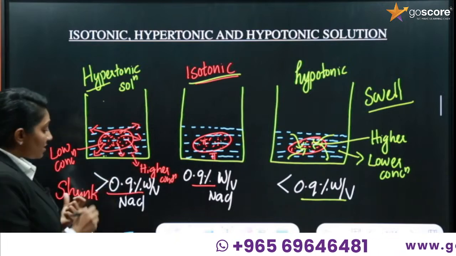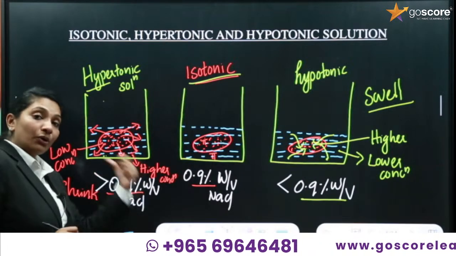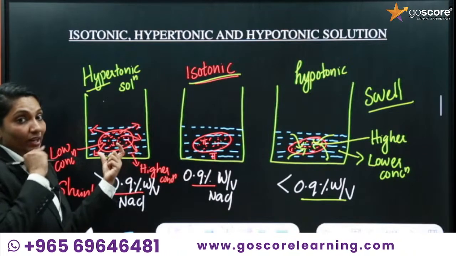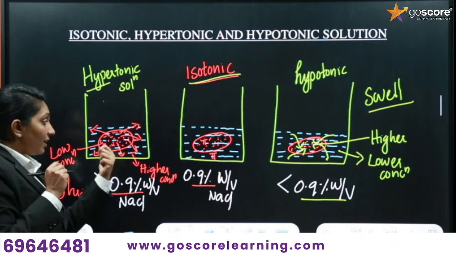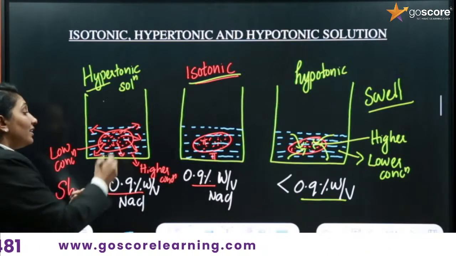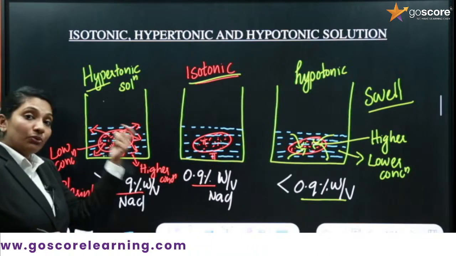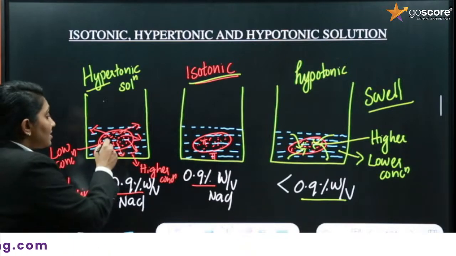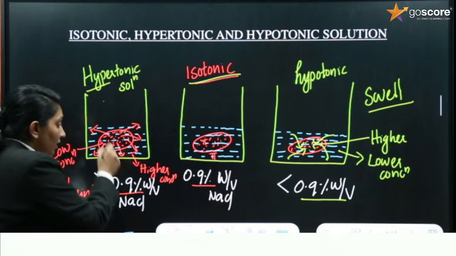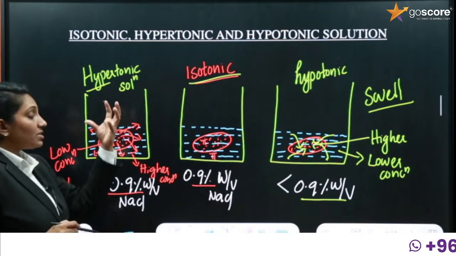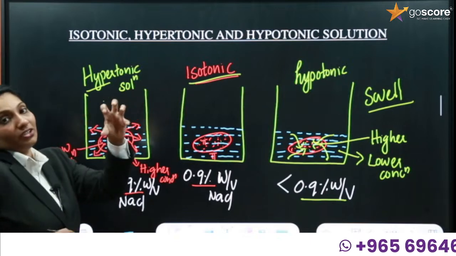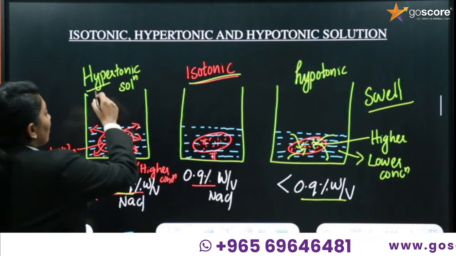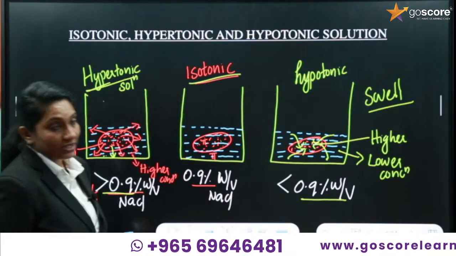In the case of solutions having a concentration greater than 0.9 percentage weight by volume, if you keep a blood cell inside, what will happen? The concentration outside the cell is more and the concentration of the fluid inside the cell is less. So the solvent will start to move from inside the cell to the outside fluid. That causes the cell to shrink. That type of solution having greater concentration is called a hypertonic solution.